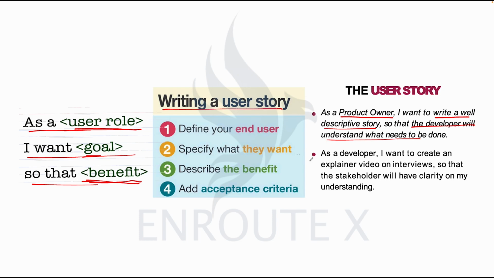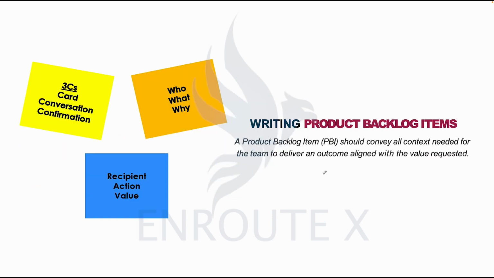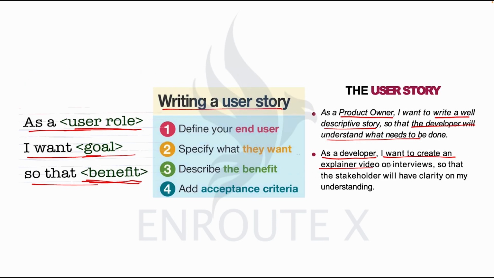Another user story example: as a developer, I want to create an explainer video on interviews. That is what you want to do, so that the stakeholders will have clarity on my understanding. That is the benefits.